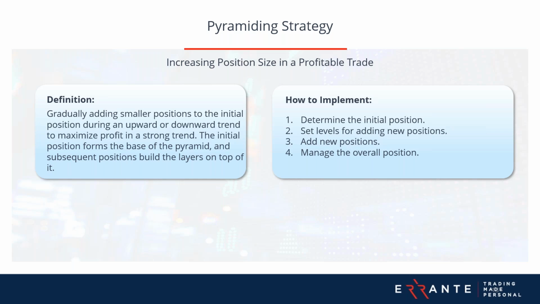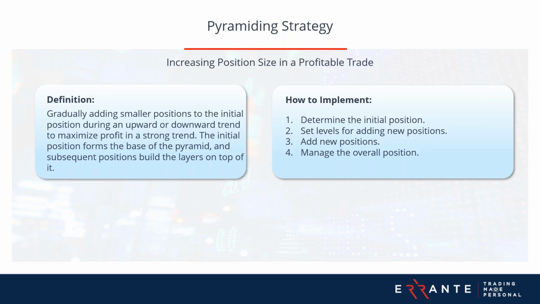And next, you need to manage the overall position together. It's really important to take care of the whole position simultaneously. What does it mean? It means continuous monitoring and management of the entire position is the crucial part here. Adjust stop losses for each layer to lock in profits and minimize exposure to potential reversals.